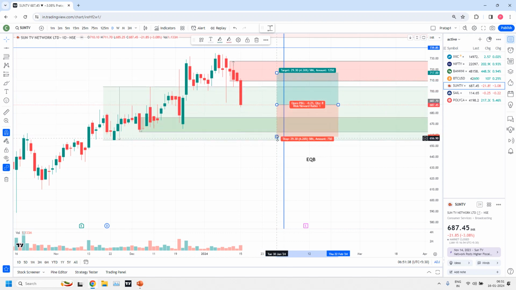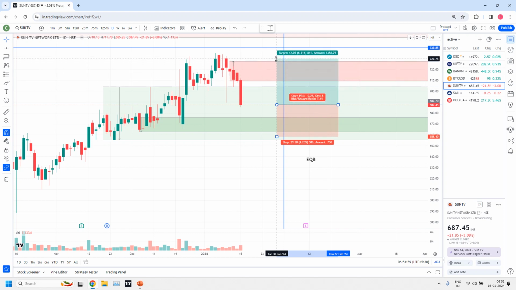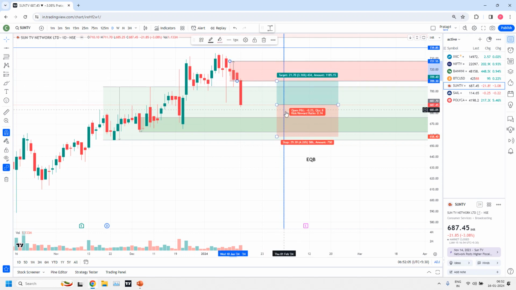The dot below indicates the stop loss, the middle dot indicates the entry, and the top dot indicates the target. You need to click and drag your mouse to adjust your target. See here, you can move up and down. Place it exactly at your target level. So this is our target.